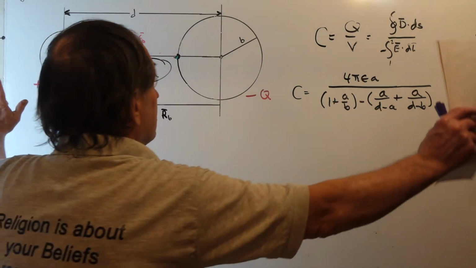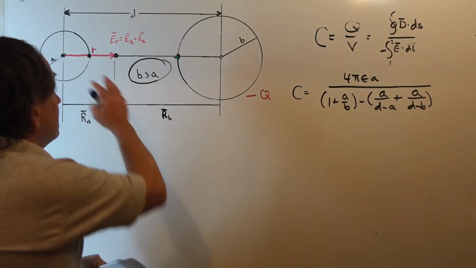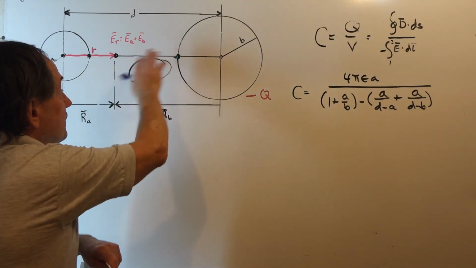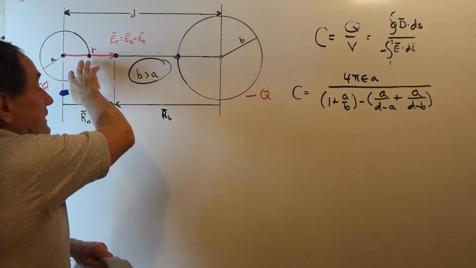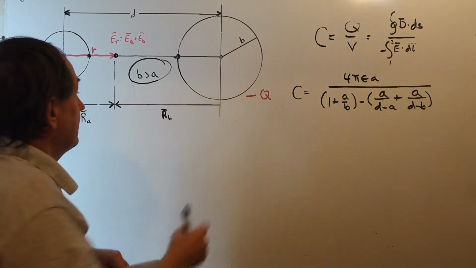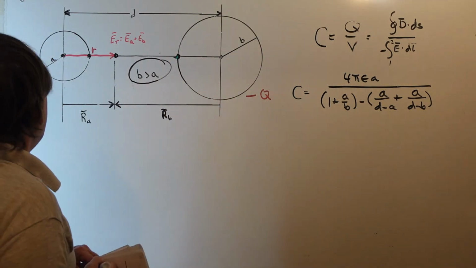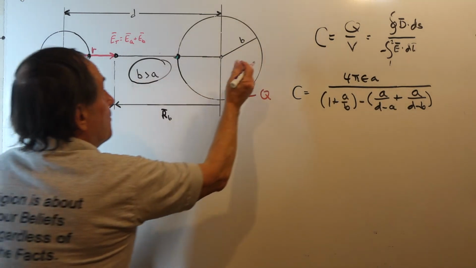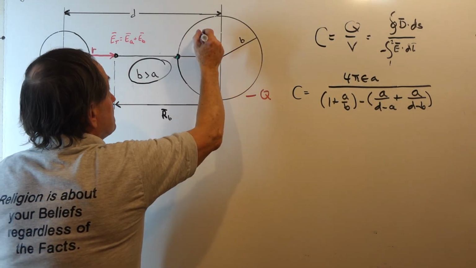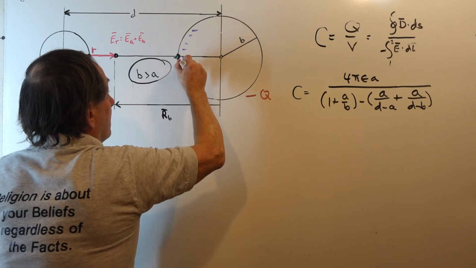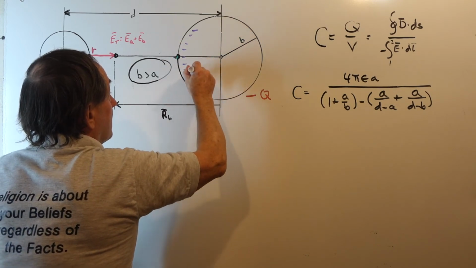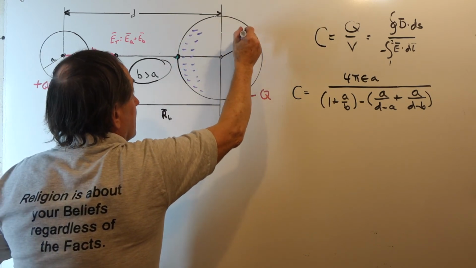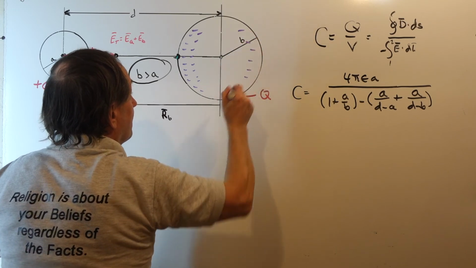Now, as you bring them together, you get induced charges due to the field of one sphere acting on the other sphere. As they come in closer together, the positive charge on this sphere moves negative charge on this sphere over more to this side of the sphere than on that side.